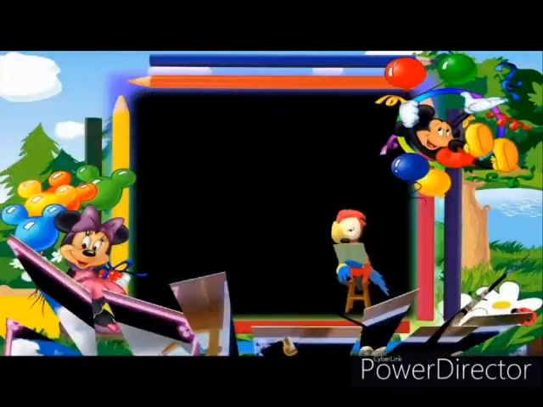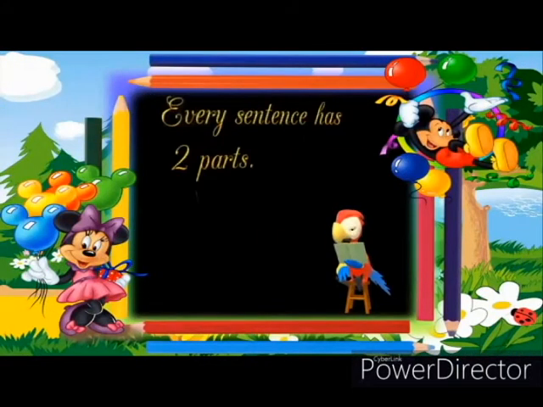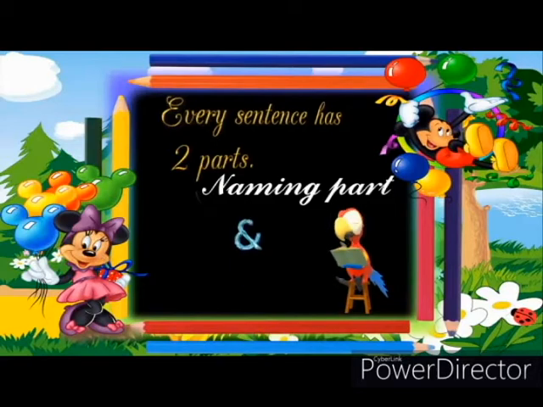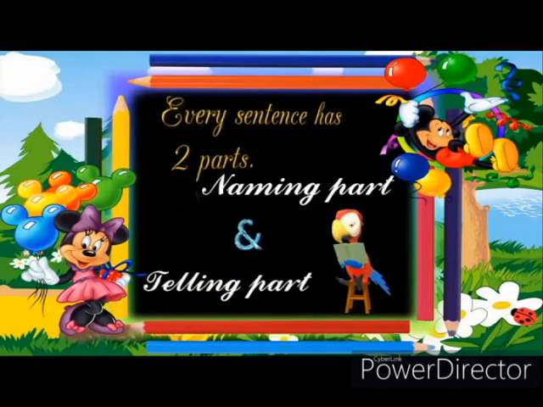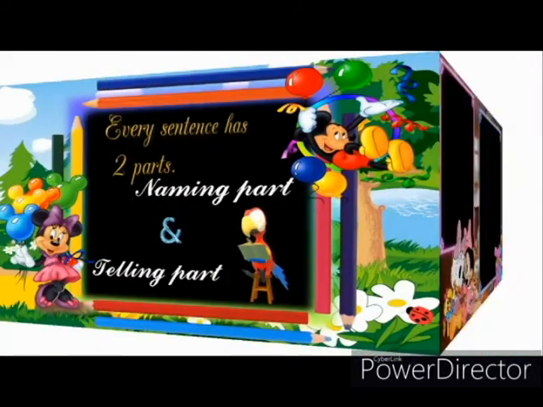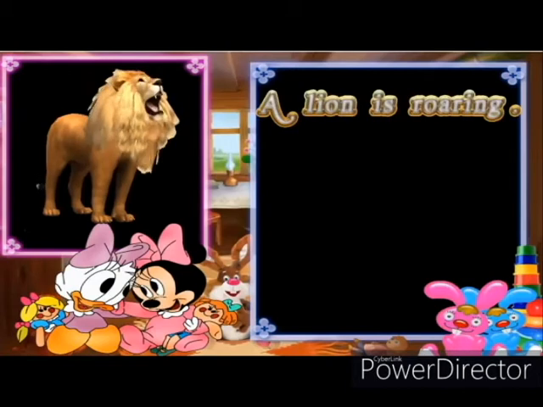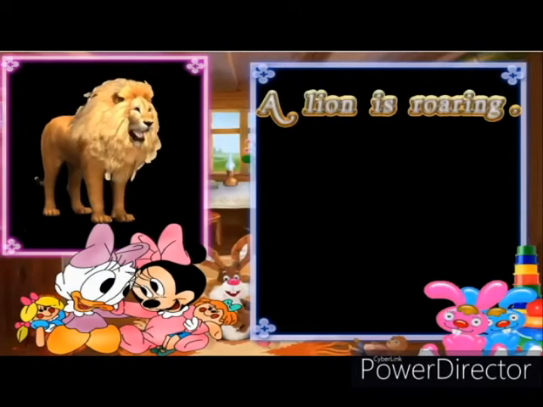From the last two examples, we learned that every sentence has two parts. They are the naming part and the telling part. Let's see an example. Here we can see a lion and a sentence, "A lion is roaring."